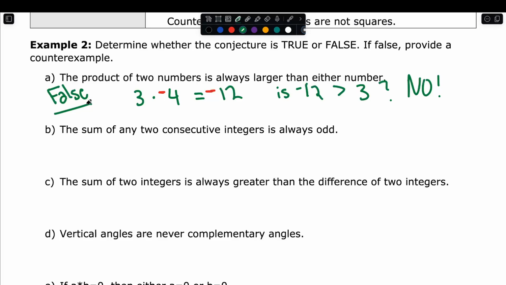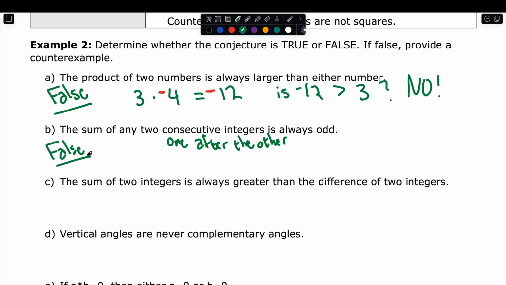Part B. The sum of any two consecutive integers is always odd. When we say consecutive, it's one after the other. So the sum of any two consecutive integers is always odd. This is a false statement. Let's prove it.